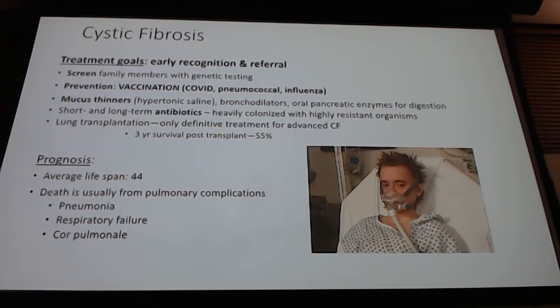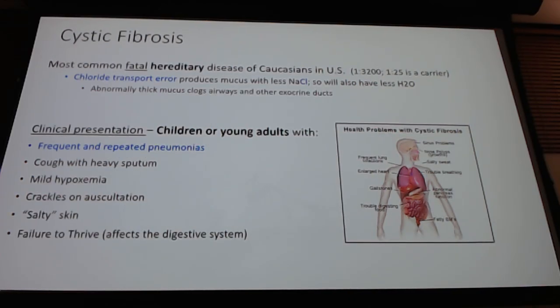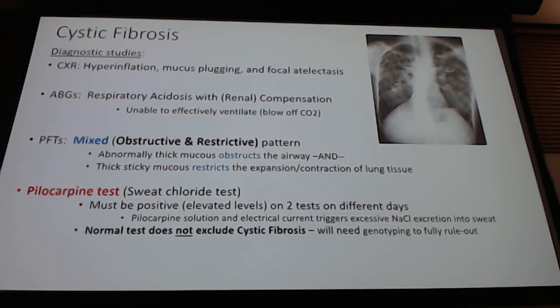But in the meantime, screen family members, have conversations about the likelihood of having another child with cystic fibrosis and what that means, and then make sure that you are doing everything you can to prevent those frequent and repeated pneumonias, because that's really what's going to cause a lot of their disability, a lot of the morbidity associated with cystic fibrosis, is because they keep getting infections in their lungs, and over time that causes the lungs to not function as well, leading to some of that mild hypoxemia.